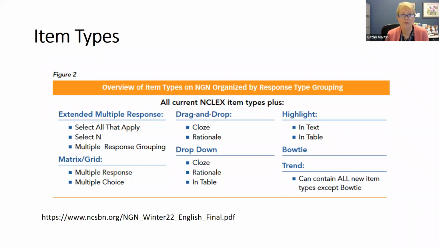This most recent newsletter included the current item types, also with some descriptors about each of the item types. For example, under extended multiple response, the various types of extended multiple response items. So please review that if you are new to the topic.